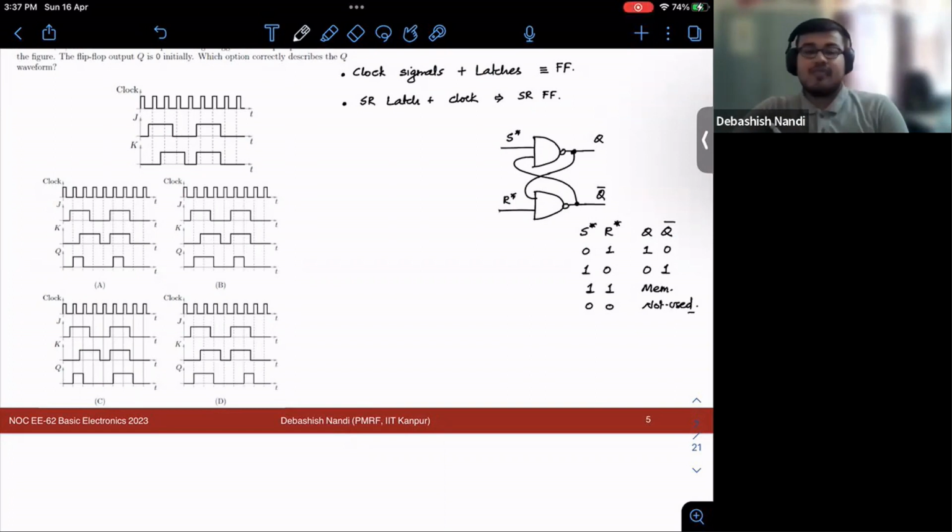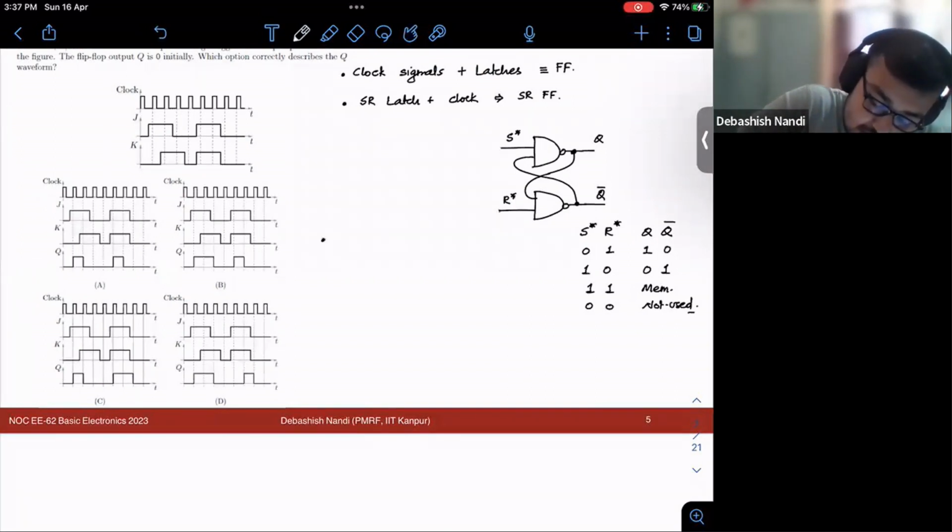Now suppose I want to have another control. Let's say clock is another input.